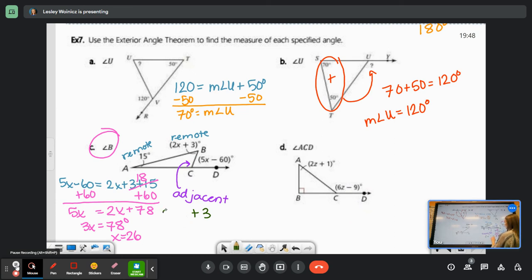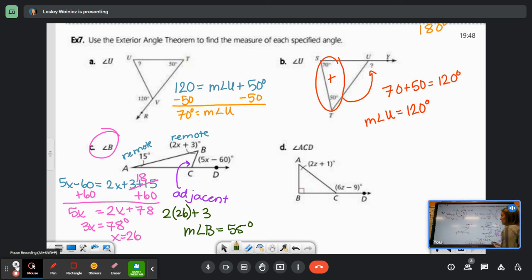So I'm going to do 2 times 26 plus 3. And it's 55. So the measure of angle B is 55 degrees.